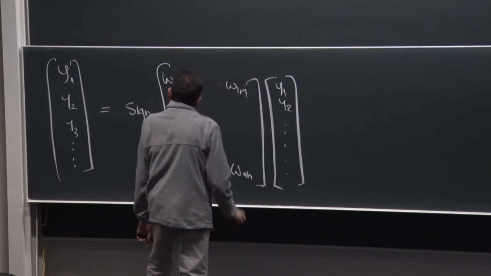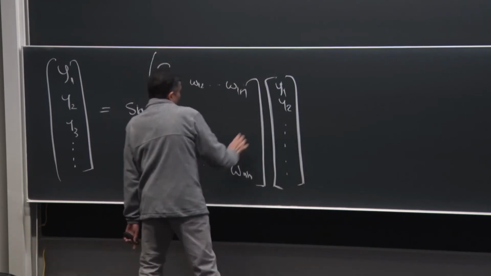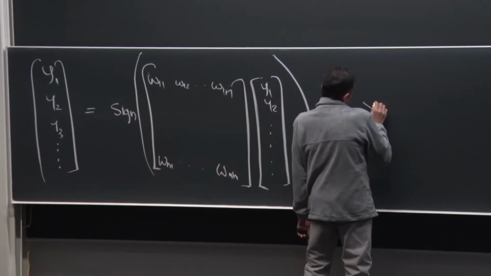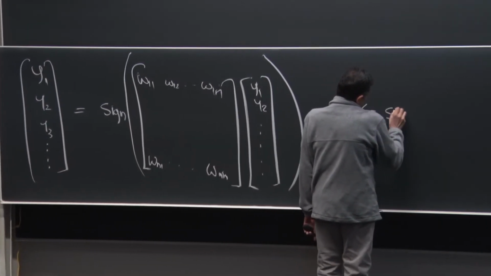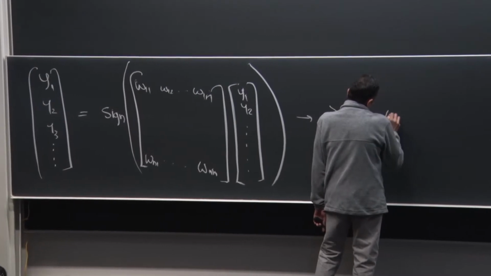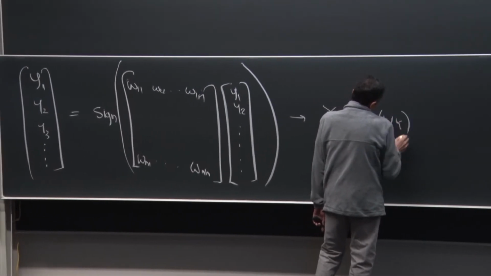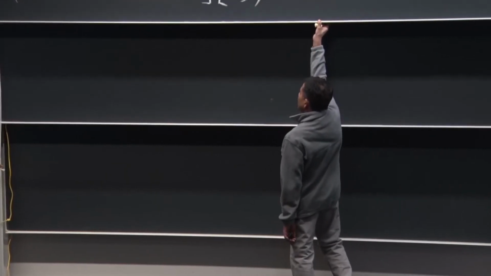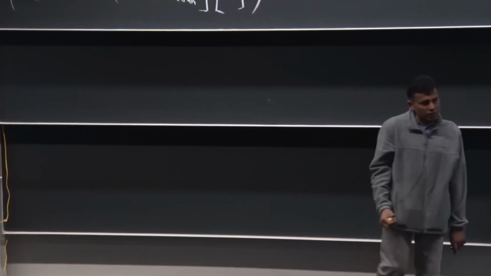So this is how the network evolves. I can write the whole thing in vector form, and I can write this as y equals sign of W times y. So basically, we're going to keep referring to that particular equation a few times.